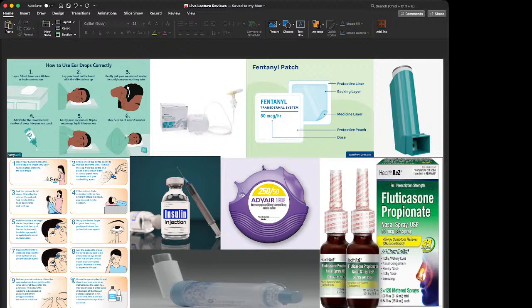Over there on the right, next to the eardrops, you can see the nebulizer machine. Certain times patients have to pour the nebulizer solution into the machine, and then it pumps it out of the system to get to the patient. So it's important to know a little bit about how the nebulizer is used in this case.